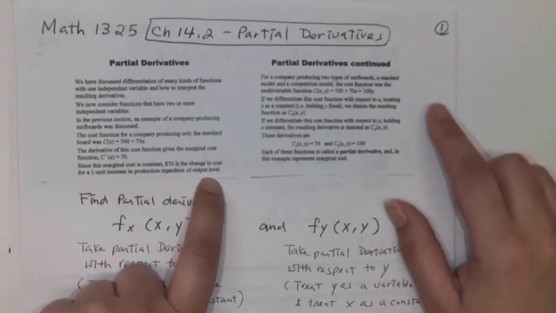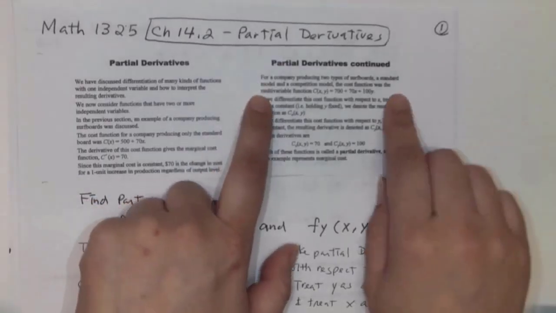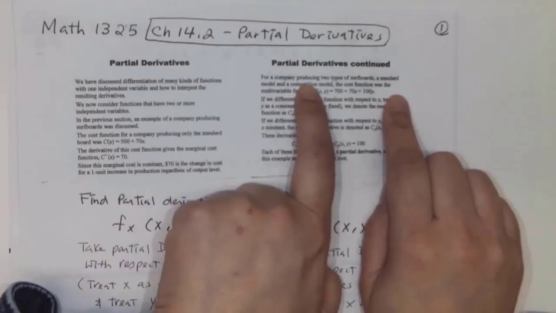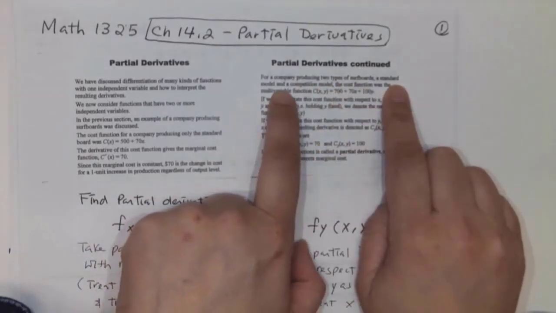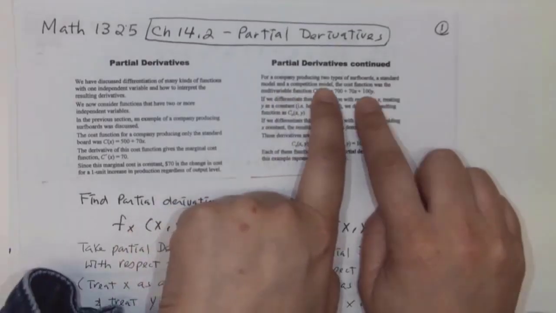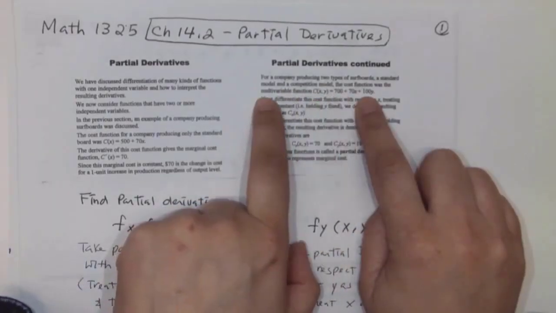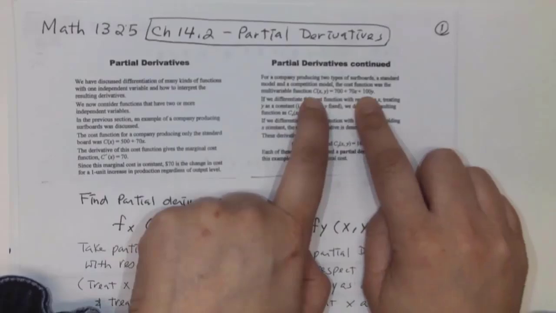of the output level. But now we are going to see the company producing two types of surfboards, a standard model and a competition model. The cost function is going to have both x and y as variables, like here.